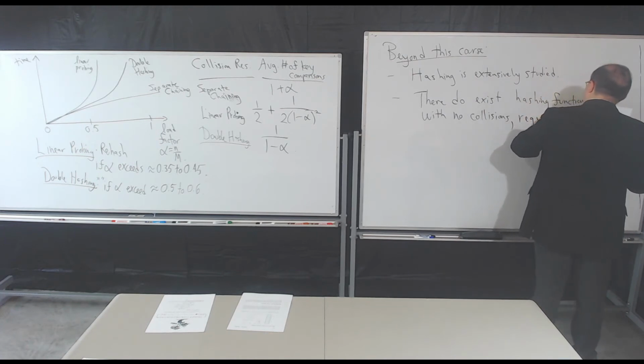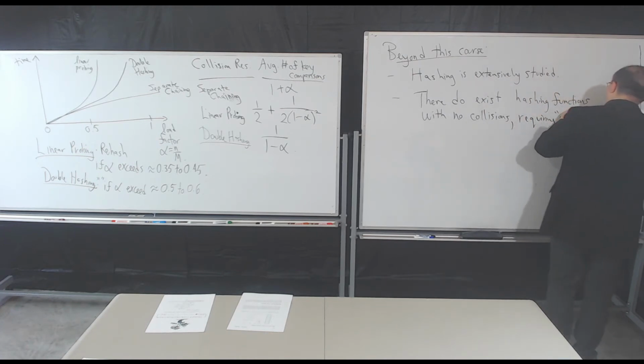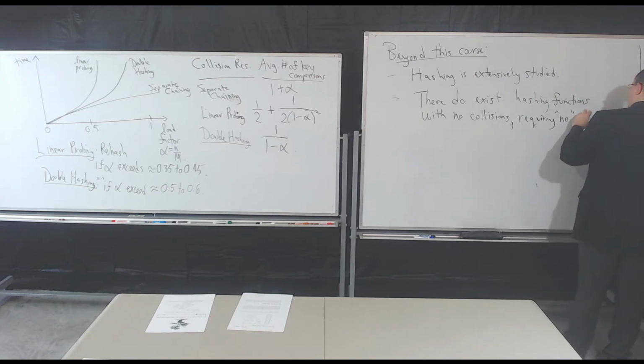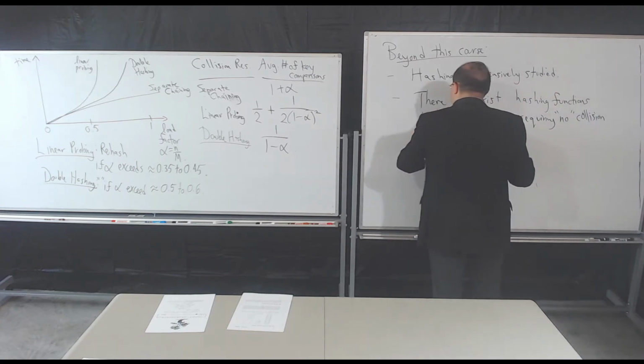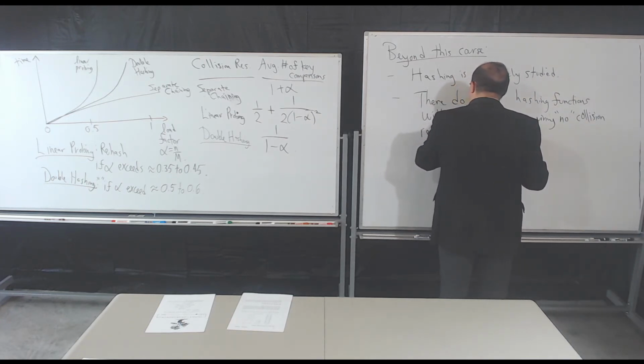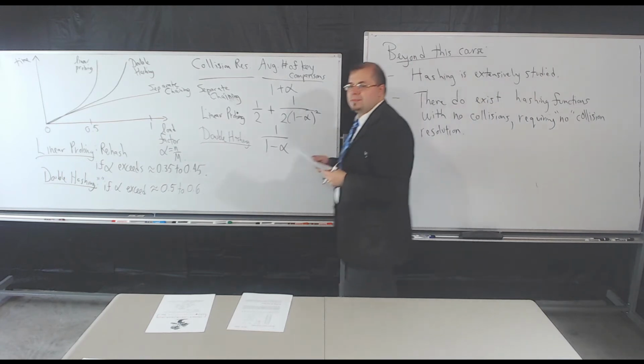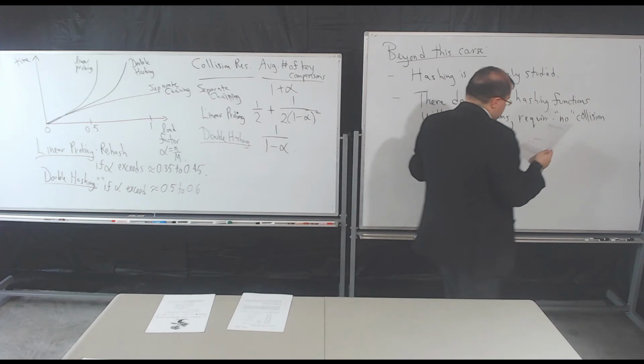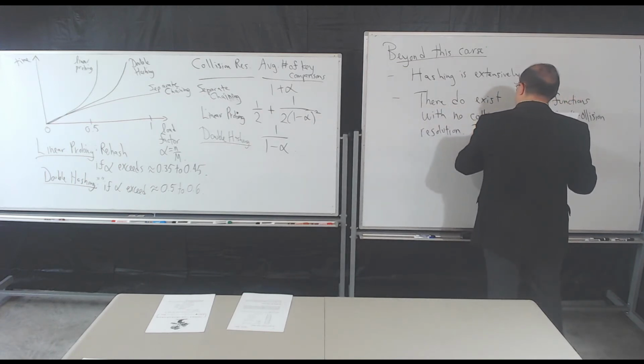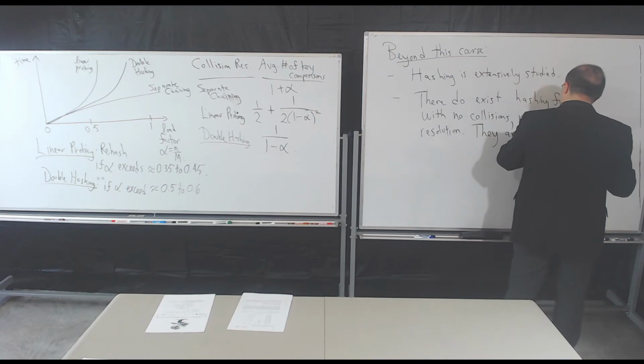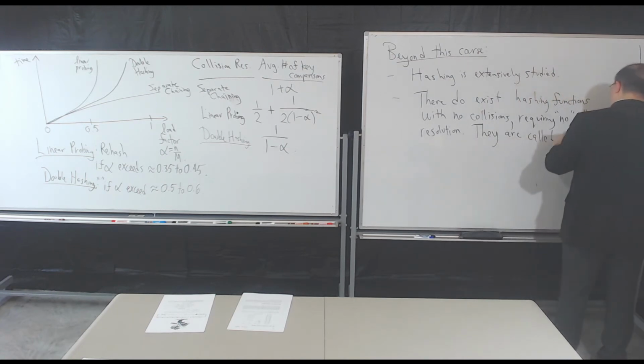I'll put quotation marks around the no, because technically this process is a type of collision resolution, but not in the way that we're talking about. You can easily adapt it with these kinds of things as well, though. That's the good thing about it. They are called perfect hash functions. So if you're curious about that, you can always take a look into perfect hash functions.